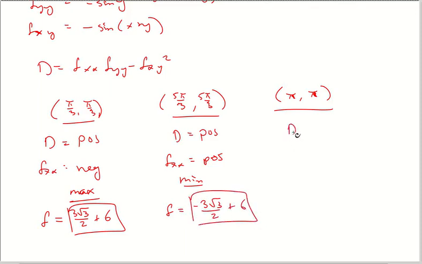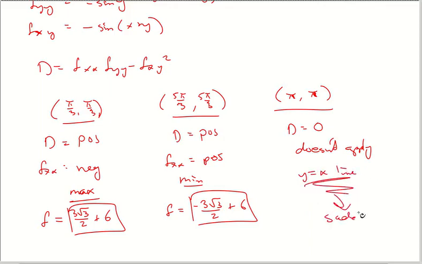And then for this guy here, d actually equals 0. When you plug it in, you get 0. And if you ever get a 0, the test doesn't apply. But I still know that it's an actual saddle point. What the book recommended, yes, I had to go look this one up, because everything else was kind of straightforward, was that you need to plug in other points around the y equals x line, and eventually it should show that it's a saddle.